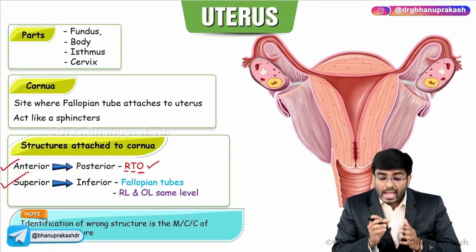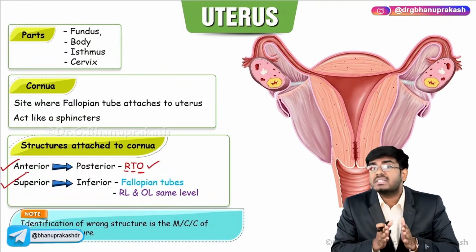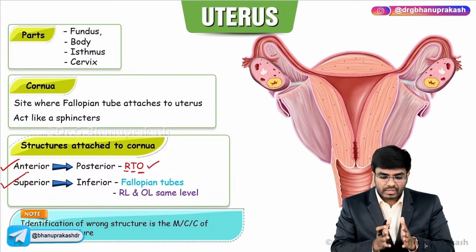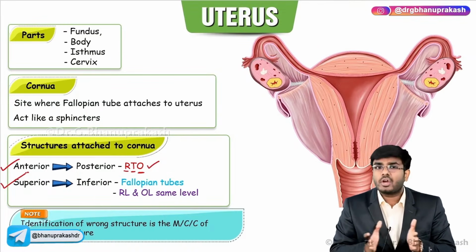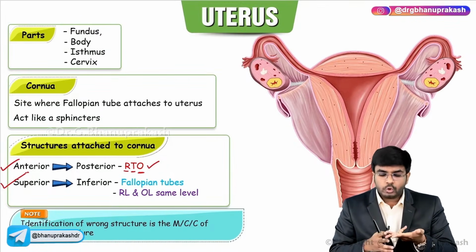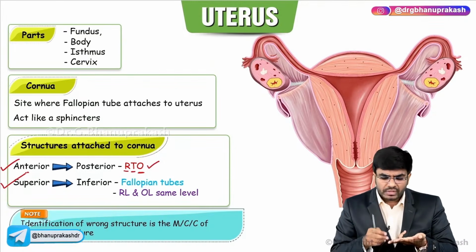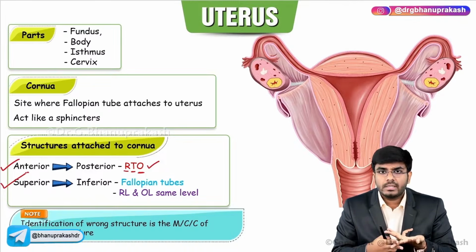Because you have to know whether the structure you are ligating during the sterilization procedure is correct. A female wants to become sterile, she wants permanent contraception, so she is going for a tubectomy. During tubal ligation, you have to know whether you are ligating a fallopian tube or a round ligament.